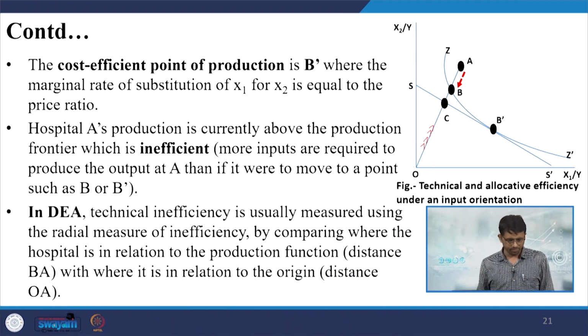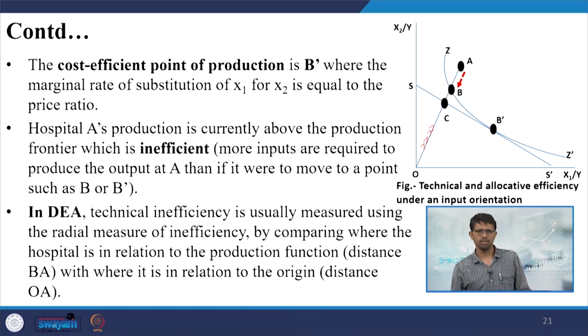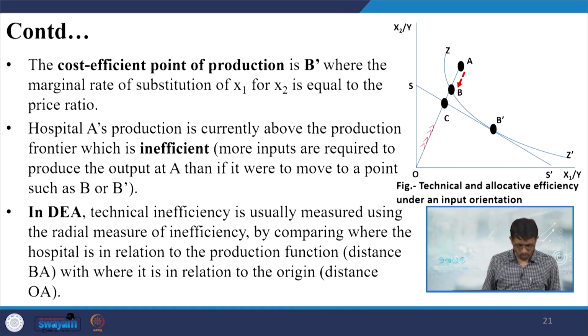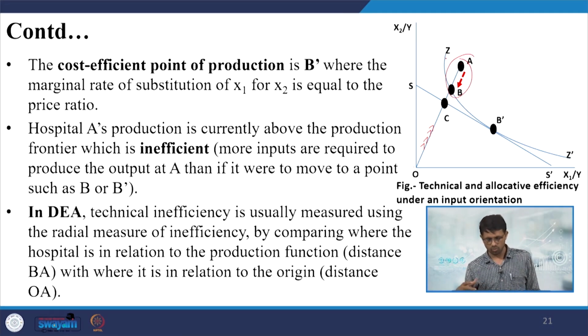So, let us see, in DEA technical inefficiency is usually measured using the radial measure of inefficiency by comparing where the hospital is in relation to the production function, that is the distance of B to A. This distance is actually unnecessarily over expensive, or over inputs are required to get the treatment.